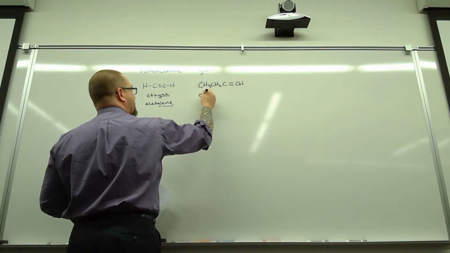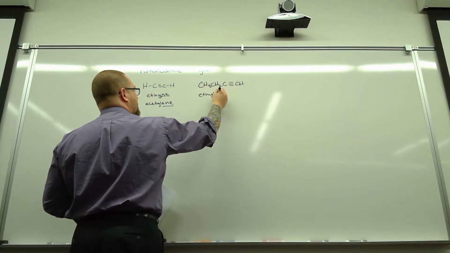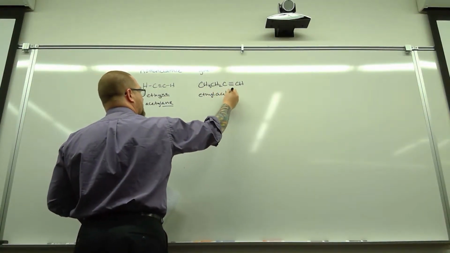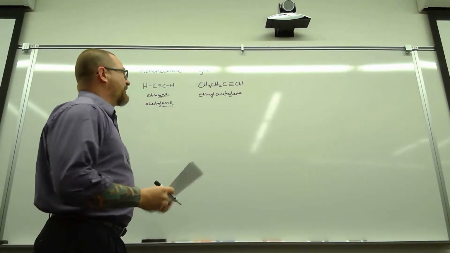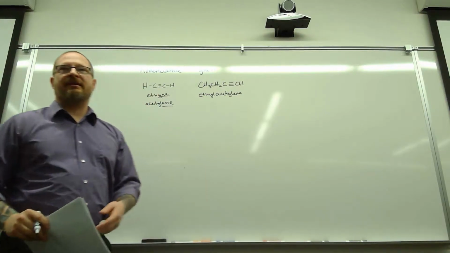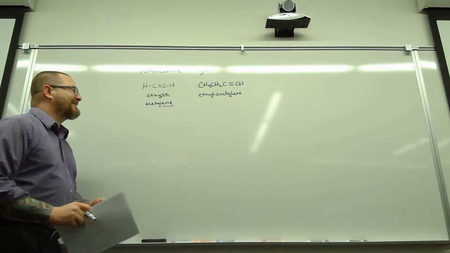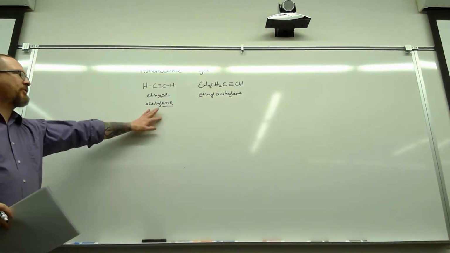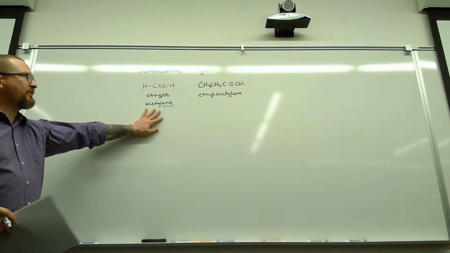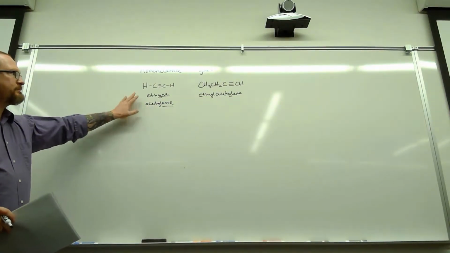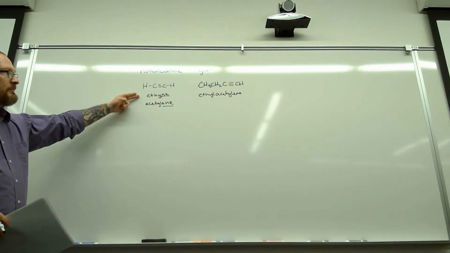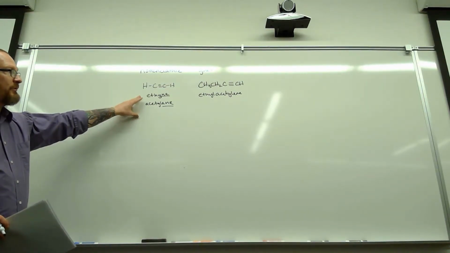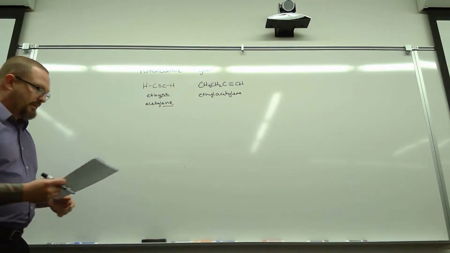So this will be for a common name, ethylacetylene. If we put a methyl on this side, we'd have ethyl methylacetylene. So common names, we don't have that many to pay attention to, and by far the most commonly used one is just acetylene. But so that makes it easy. We're going to focus primarily on the IUPAC nomenclature versus common names.